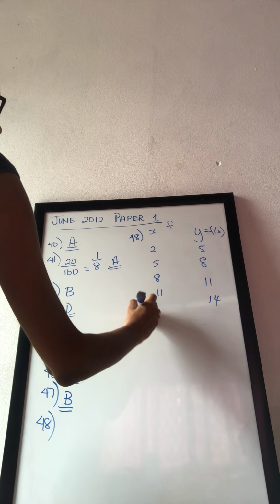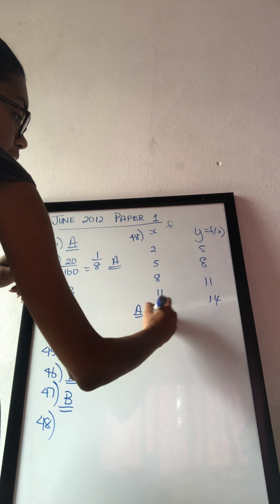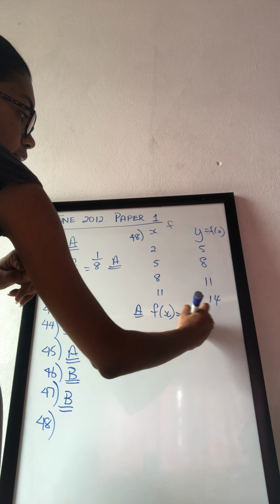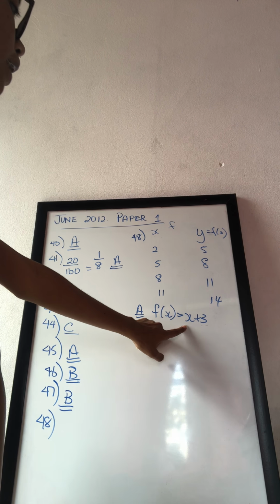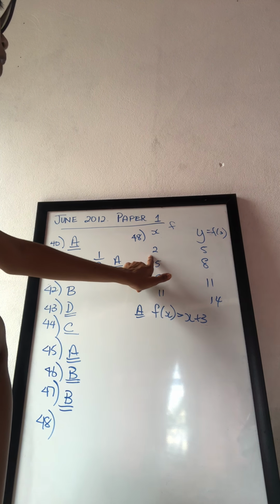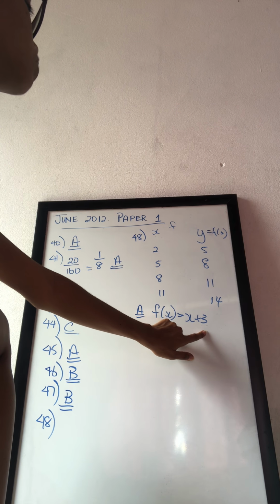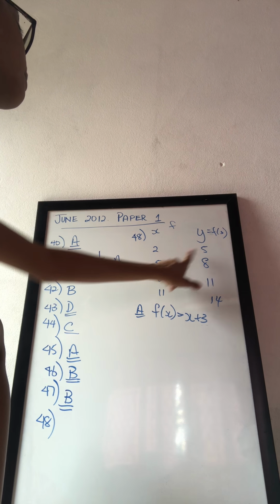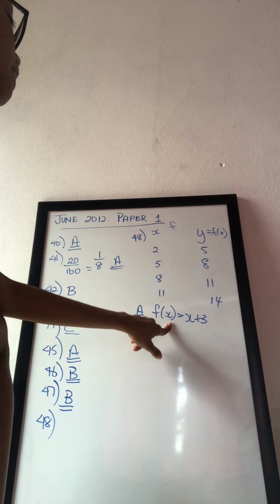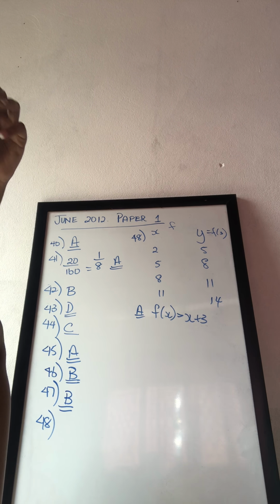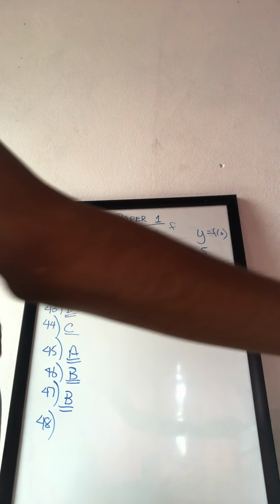Now if we take the first function A, which is f of x is equal to x plus 3. So if our x is 2, 2 plus 3 is 5, f of x is 5. If x is 5, 5 plus 3 is 8, f of x is 8. Same thing for this one and this one. So the function is A.